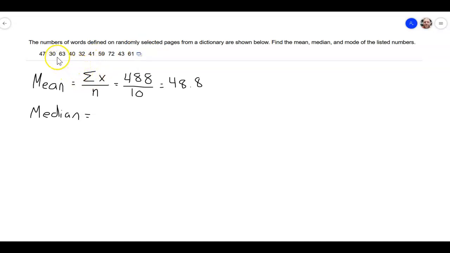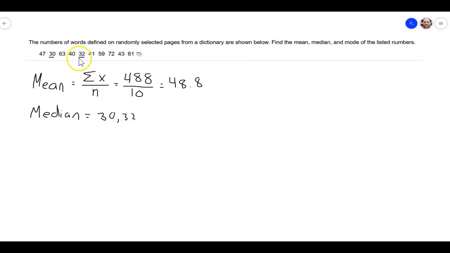That's usually the easiest way here. So I'm going to start with the smallest, so 30. And each time I do a number, I'm going to mark it off here so I know I used it. Or instead of doing that, since I'm going to have to actually find the mode as well, let's just put a little number under it. That way we don't mark it off there. And then we've got a 32 there.